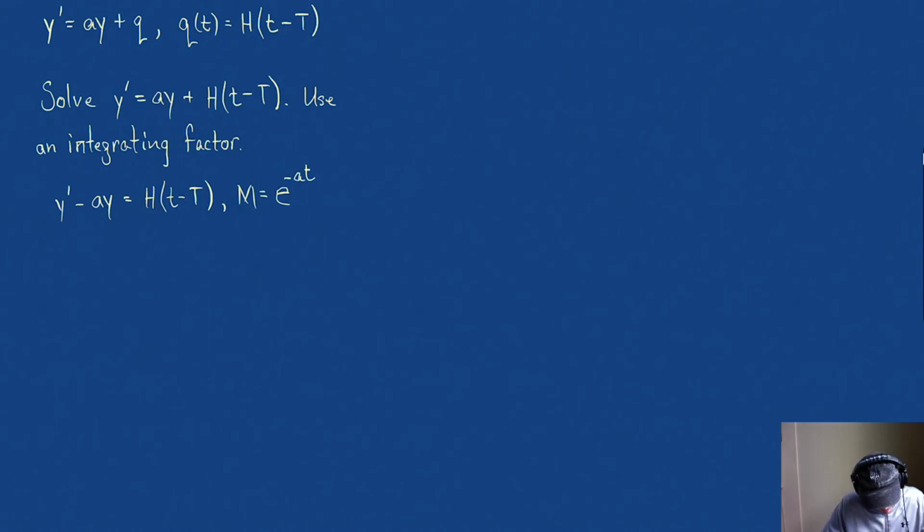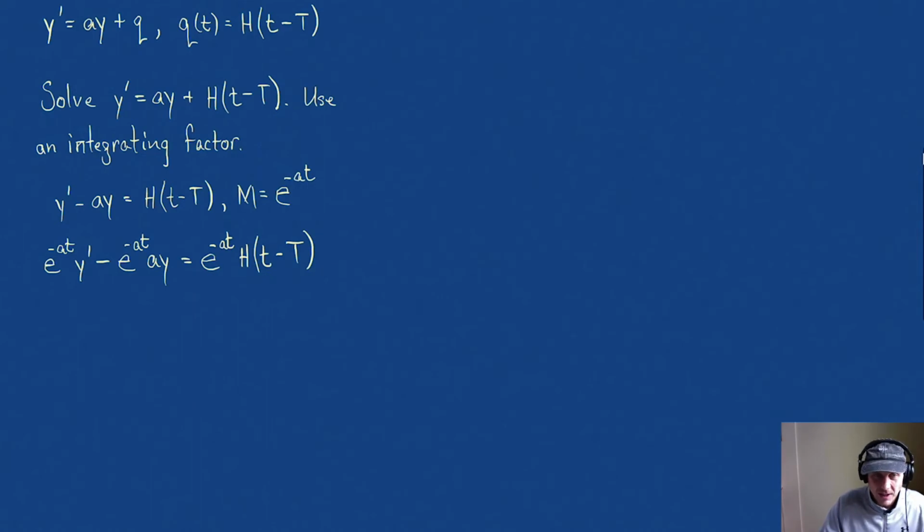When I do this, I have e to the minus at y prime minus e to the minus at a y equals e to the minus at h of t minus capital T. I'll just call it t for lowercase t, but if it's not t, then we'll call it capital T. That way we don't get too confused when we have the same letter.